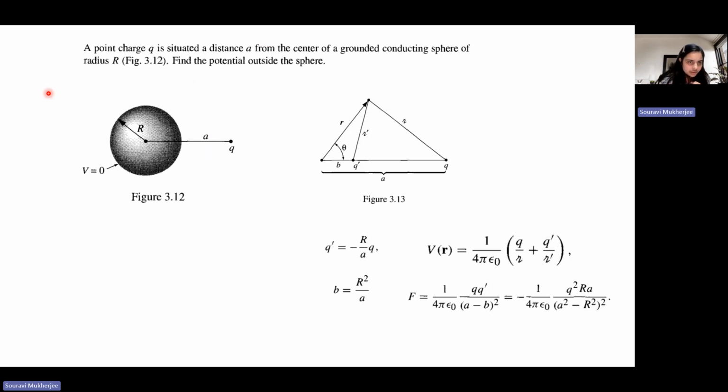So you want to find what is the potential here, right? So again, you can replace the grounded conducting sphere with some charge q prime at some distance b from the center, such that again the potential on this surface goes to zero.